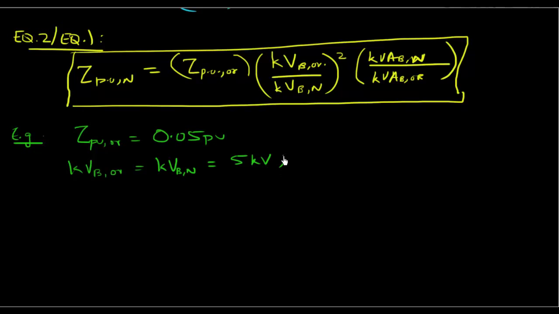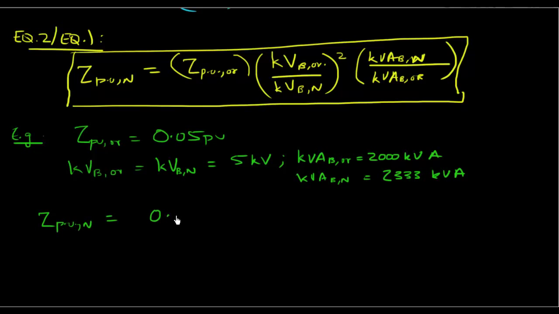So that's the base. My power base, my kVA base original, is 2000 kVA, and my kVA base new is the new base that I wanted, which is the fan cooled rating for the transformer, which is 2333 kVA. So we've been given all this, so just plugging all the information into the formula, our new impedance is equal to 5 kV over 5 kV squared, and then the new base, which is this over 2000.